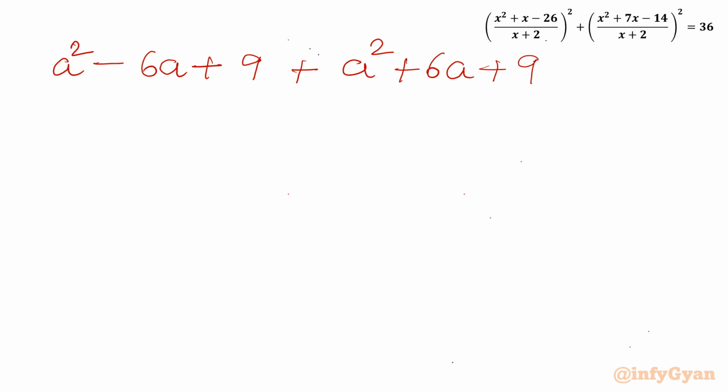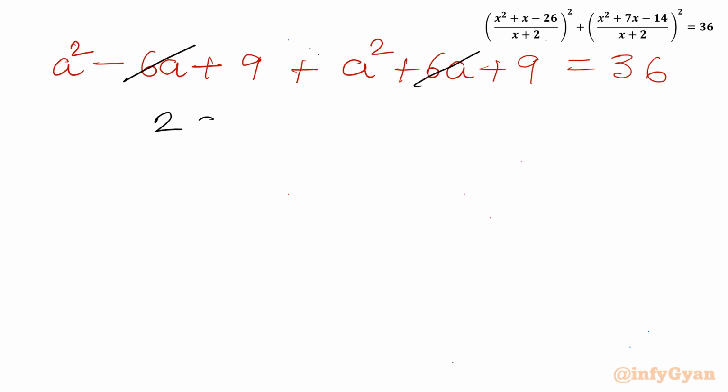So I will be writing a² − 6a + 9, this is (a − 3)², and (a + 3)², a² + 6a + 9, and RHS is 36. Now we can cancel plus and minus 6a.